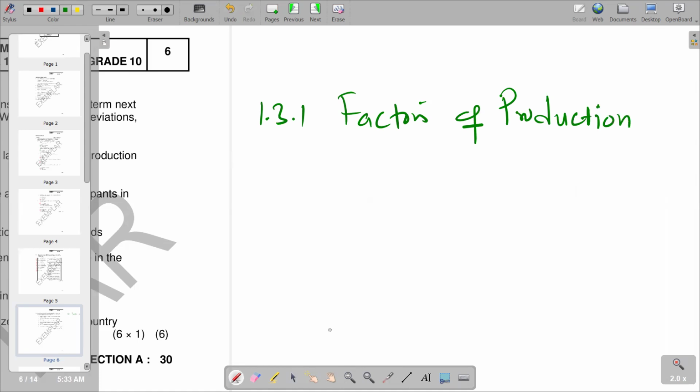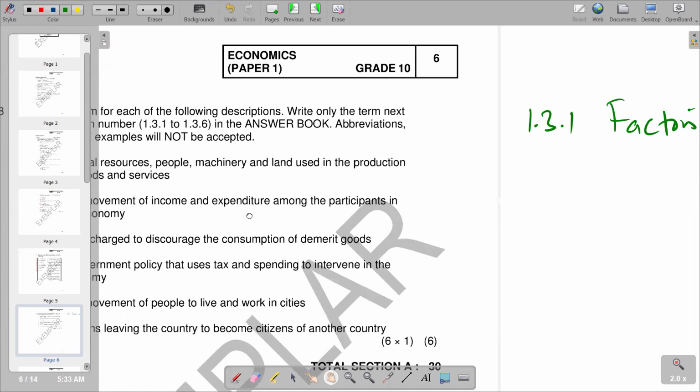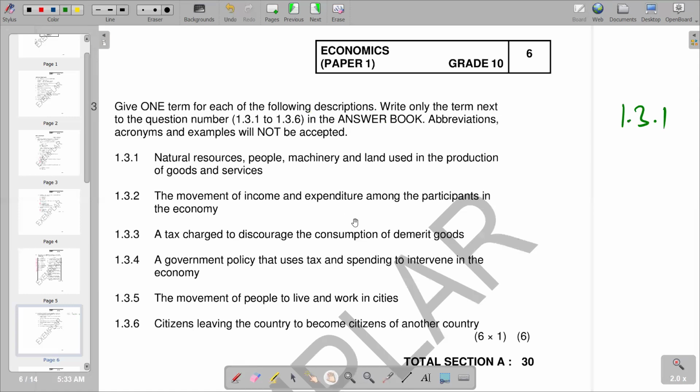Right, then we can move on to the next part of the question. This is 1.3.2, which is saying the movement of income and expenditure among the participants in the economy. We can just try to go back through the explanation again. Remember, in the circular flow, we have got the real flow and the money flow.